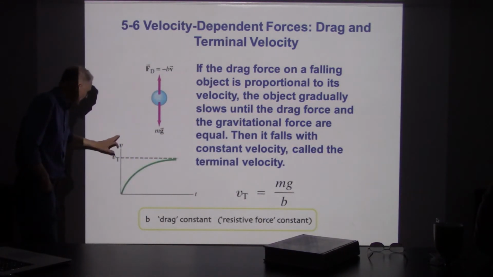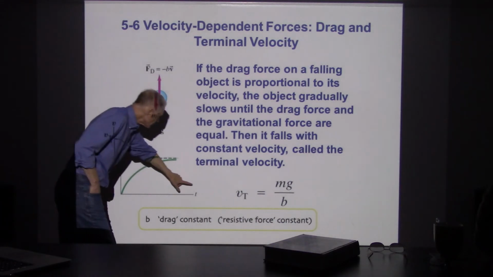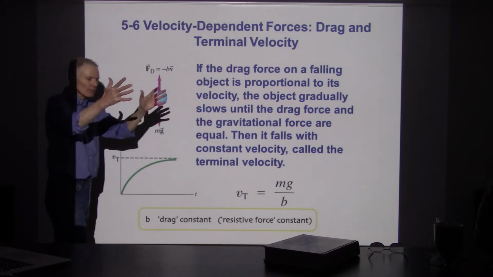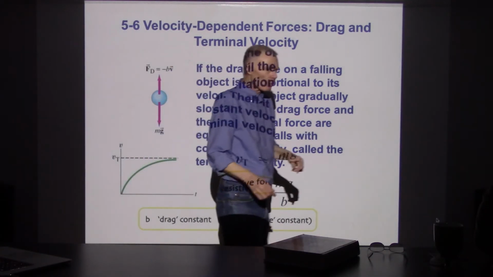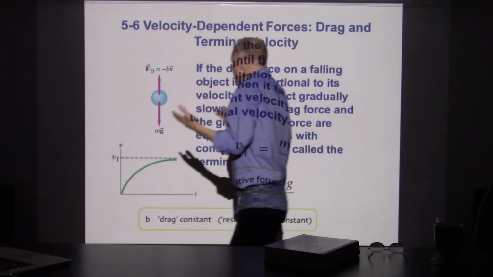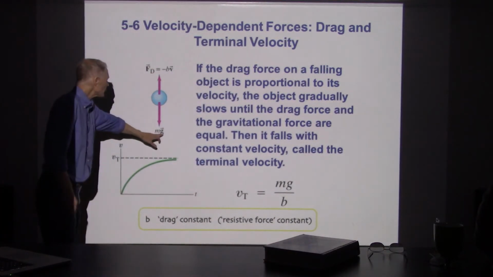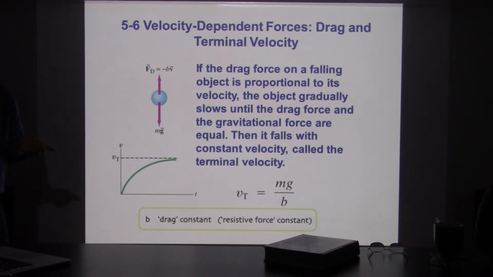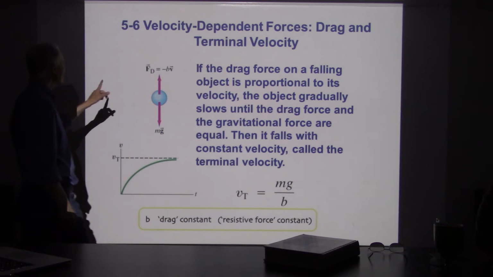And so here is the V as a function of time. What's going to happen is this, if I just drop something. Initially the acceleration is going to be equal to the gravitational field. But as the object picks up more and more speed, the resistive force gets larger.